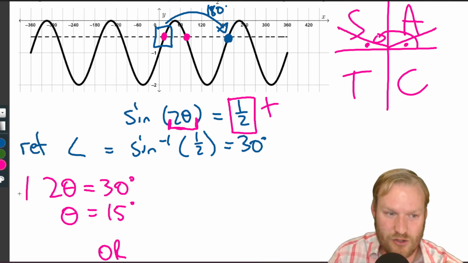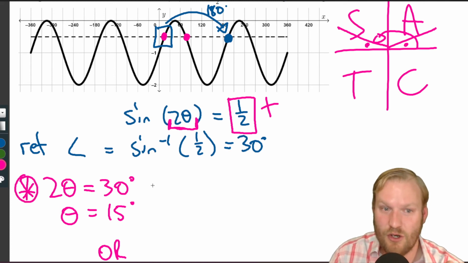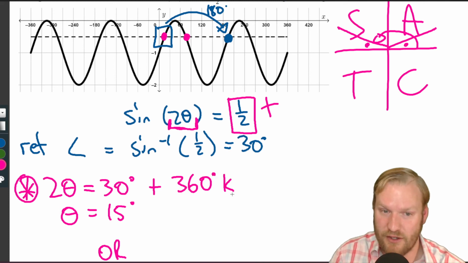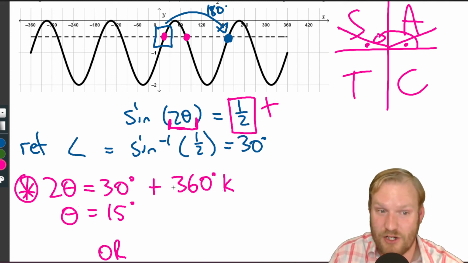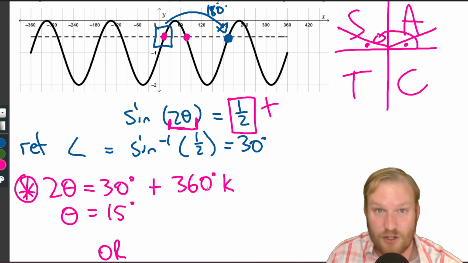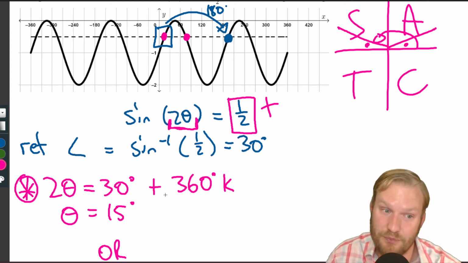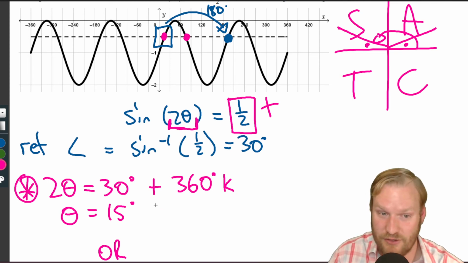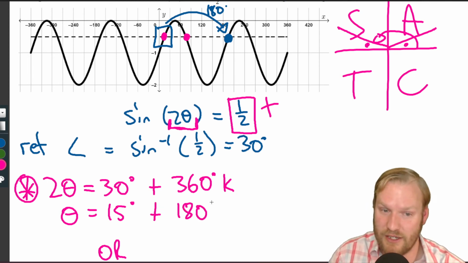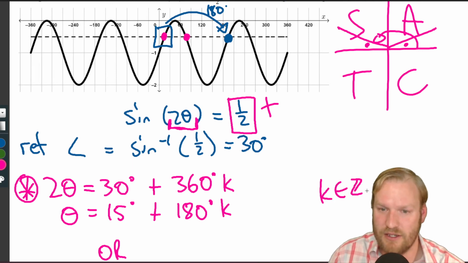So when we get to this stage here, 2 theta equals 30 degrees, we can say that the sine graph repeats itself every 360 degrees. Then when we divide our equation by 2, what you do on one side, you do on both sides, and you do to every term. 2 theta is theta, 30 is 15, and we end up with 180k, where k is an integer.